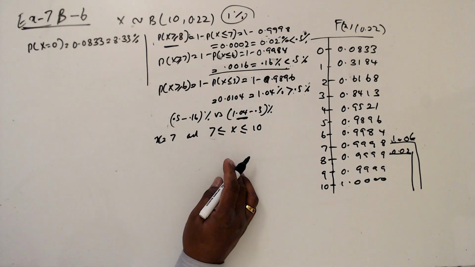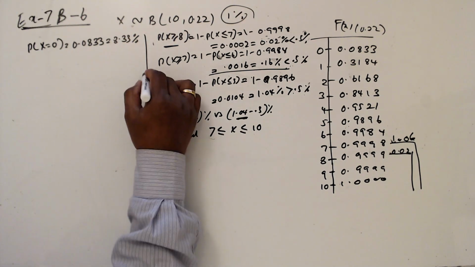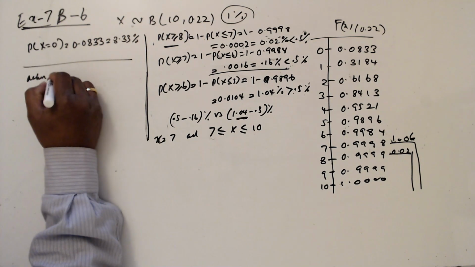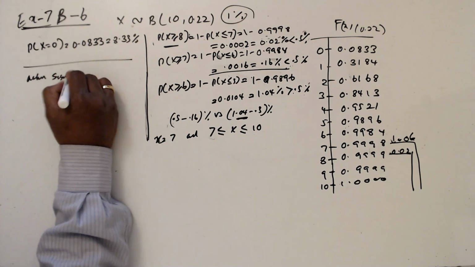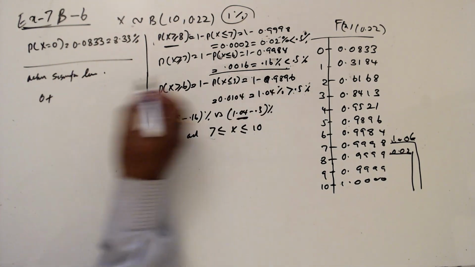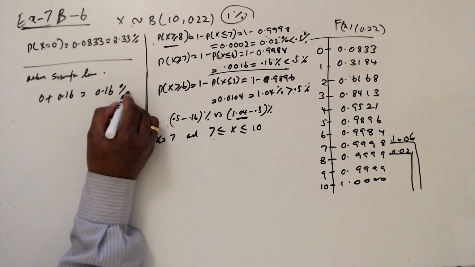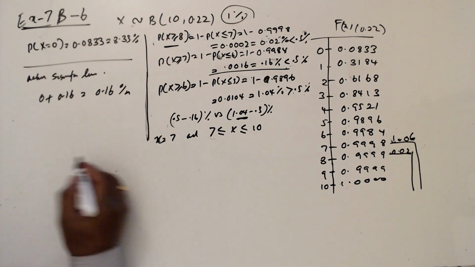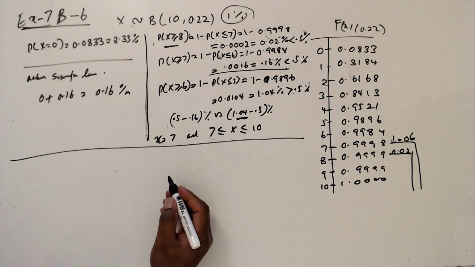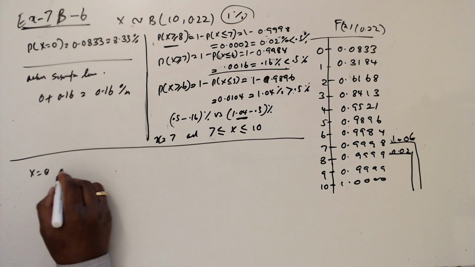Now according to this one, the actual significance level is 0.16 in total. But if you decide to add from the lower tail, then x equals 0 is the only one you can add.